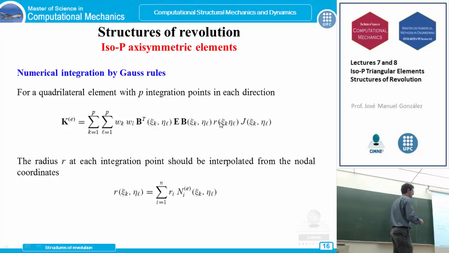Besides, we have another problem. Here we have the expression for the interpolation of this radial coordinate using these radial values of the nodes of the element. The same function, again, depending on these natural coordinates. So this is placed here. For every Gauss integration point, we want to calculate this r, and we are going to do it in this way.